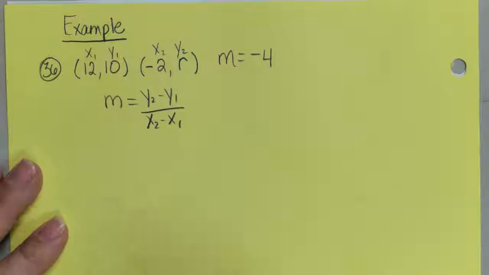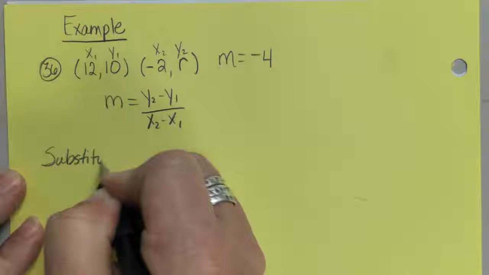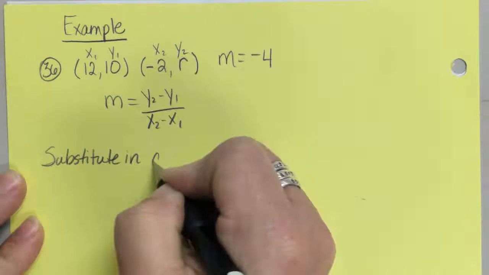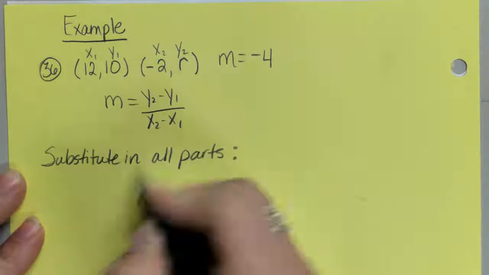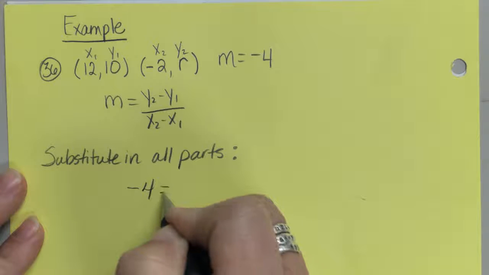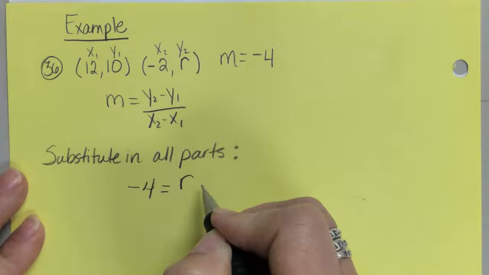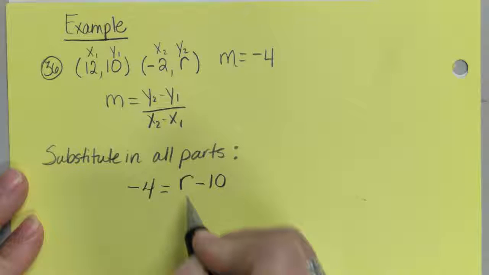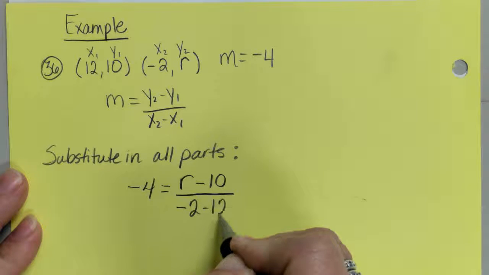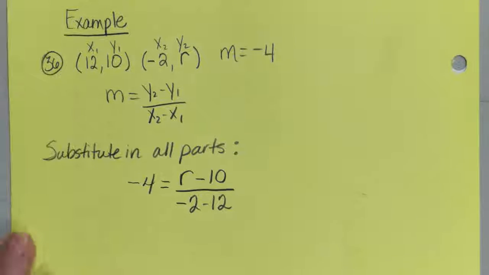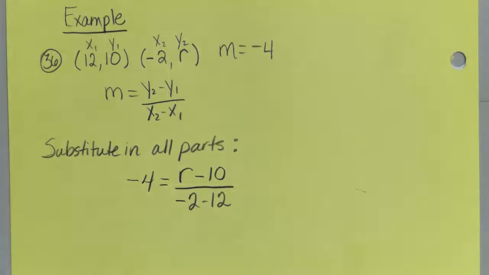So the first thing you're going to do is substitute in all parts that you know. Okay, so I'm going to put in my -4 for m, and then I know y2 is r minus 10, that's divided by x2 minus x1. So all I did there was take my information that was given and substitute it into the formula.